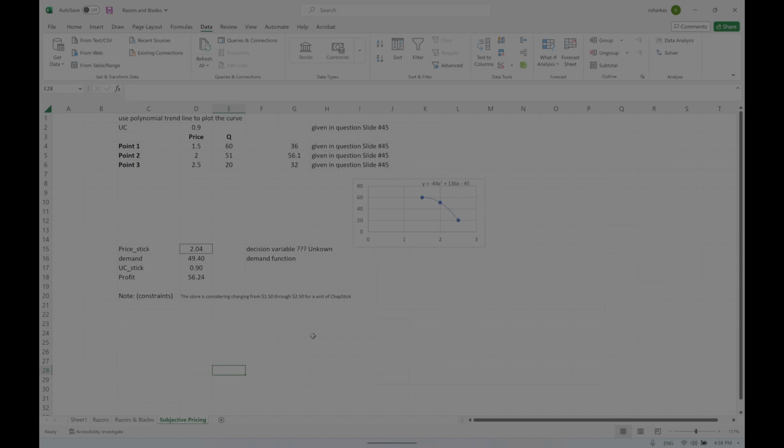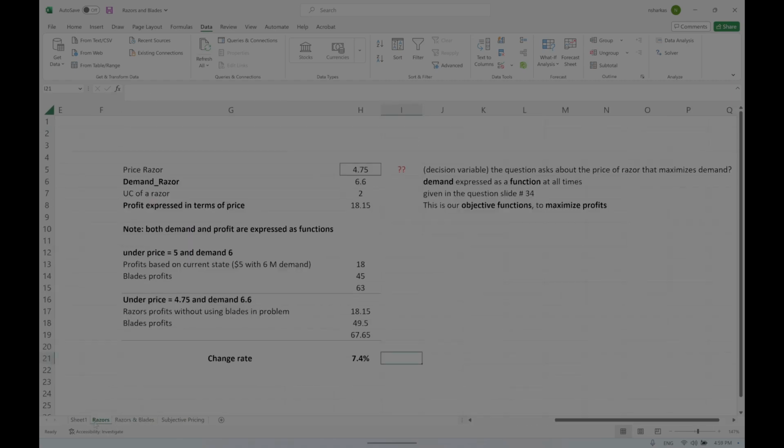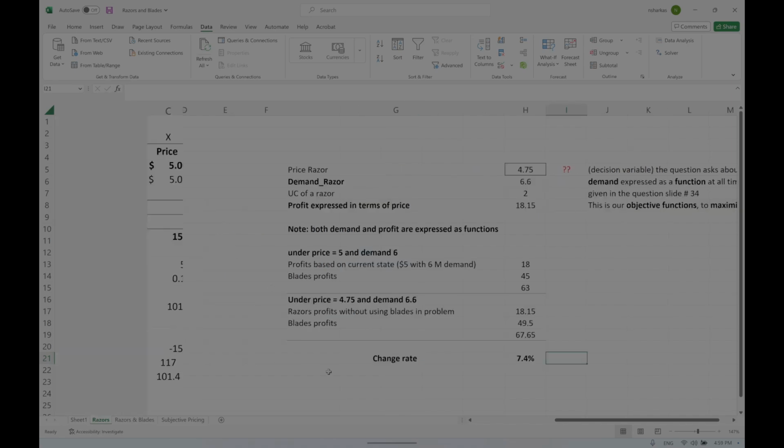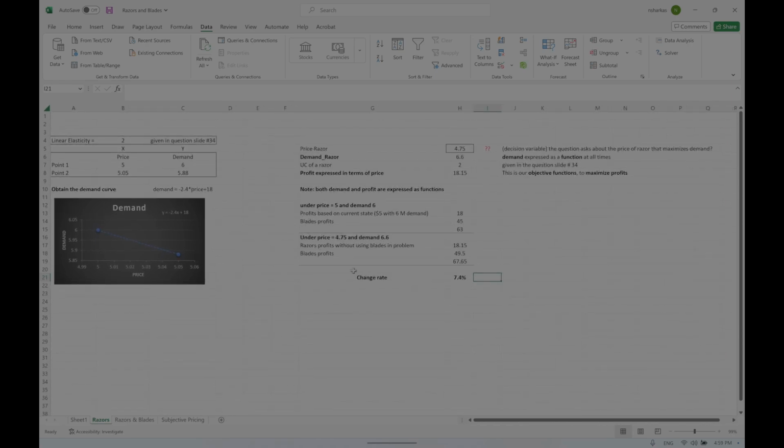So I'm going to put the elasticity at 3. This is probably a very easy optimization problem, but I'm just going to give you 2 questions, one for the razors, exactly the same as this, and I'm going to ask you to do all the steps that we've done here. You need to do exactly the same steps, but with a linear elasticity of 3 rather than 2.